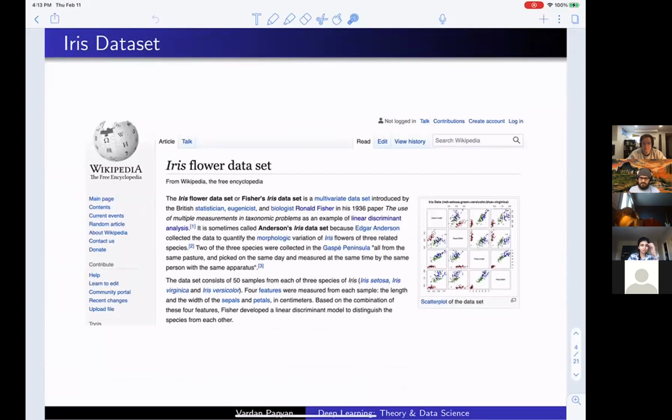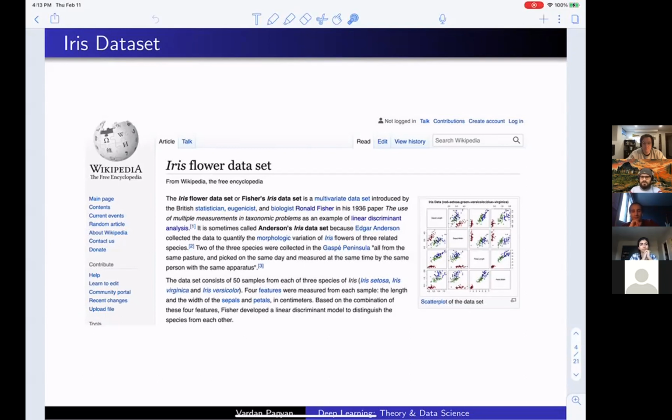One of the things that Fisher has done was Fisher was one of the first people who were doing classification. Is he the Fisher information person? Yes. So back in the day, people didn't have ImageNet, didn't have CIFAR, they didn't have MNIST.